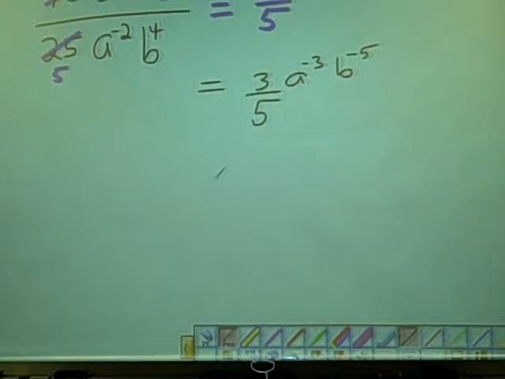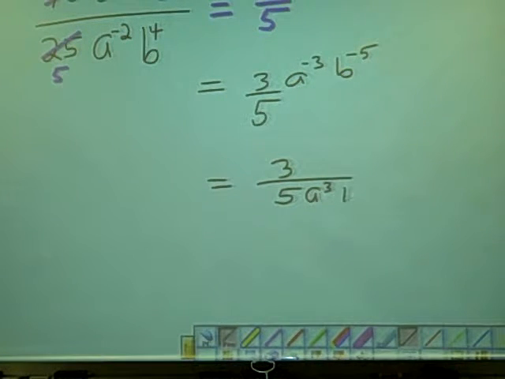So we can't leave it that way. So what goes in the numerator and what goes in the denominator? Okay, we got 3, that stays in the numerator. But what about the A? Does that stay in the numerator or go down to the denominator? Yeah, that goes down to the denominator. So that'd be A to the 3rd.